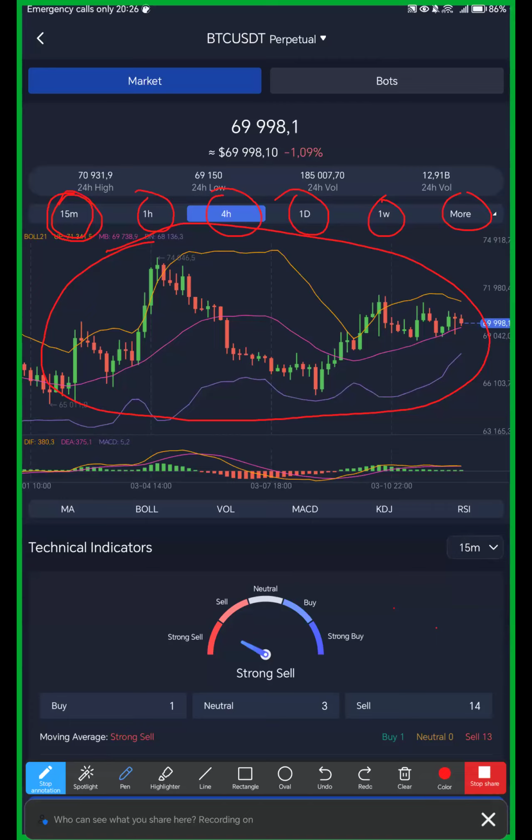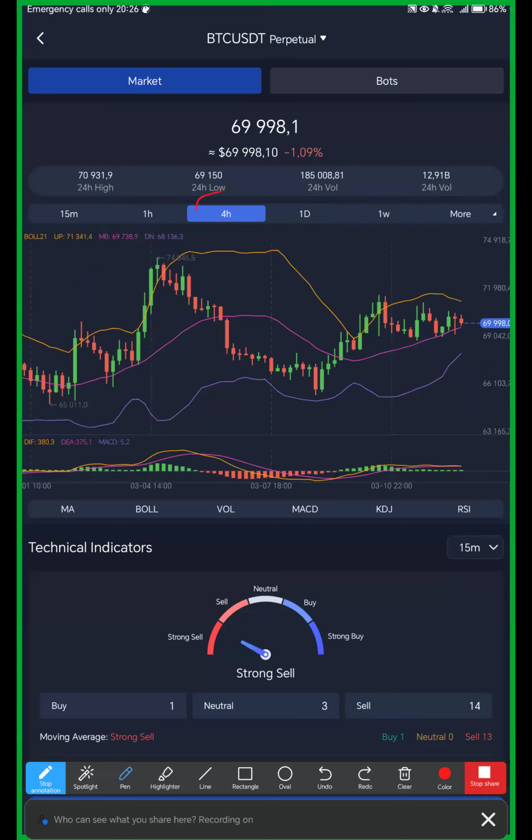Okay, so currently what is displaying here is in a 4-hour time frame, meaning to say each and every candle that you see here took 4 hours to grow, to develop and finish. Okay, so this is the overview of the market in a 4-hour time frame according to RoyalQ.